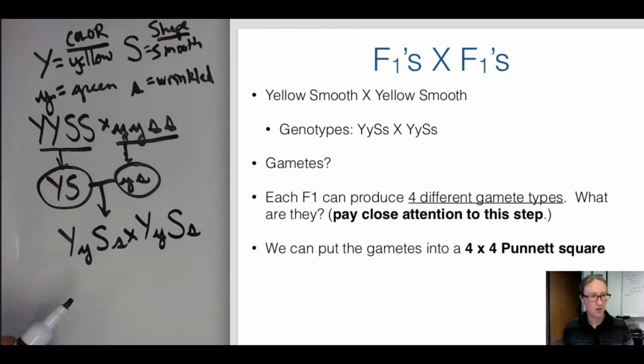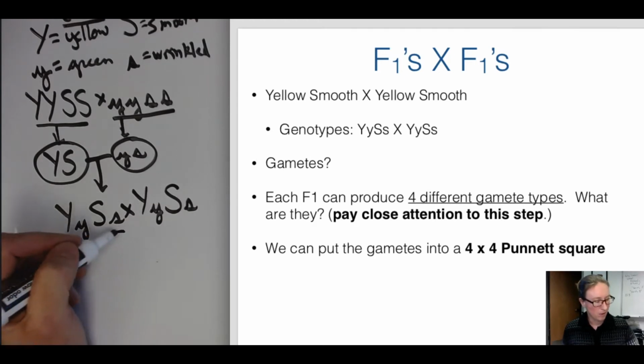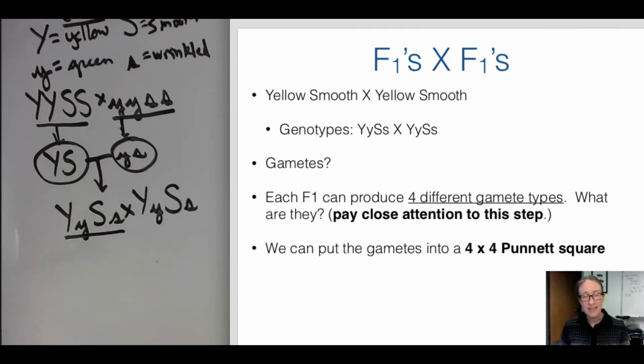for thinking about offspring from that cross, let's think about gametes again. Each of these individuals, each of these F1s, can produce 4 different types of gametes. And we can think of this a little bit like foiling, right?